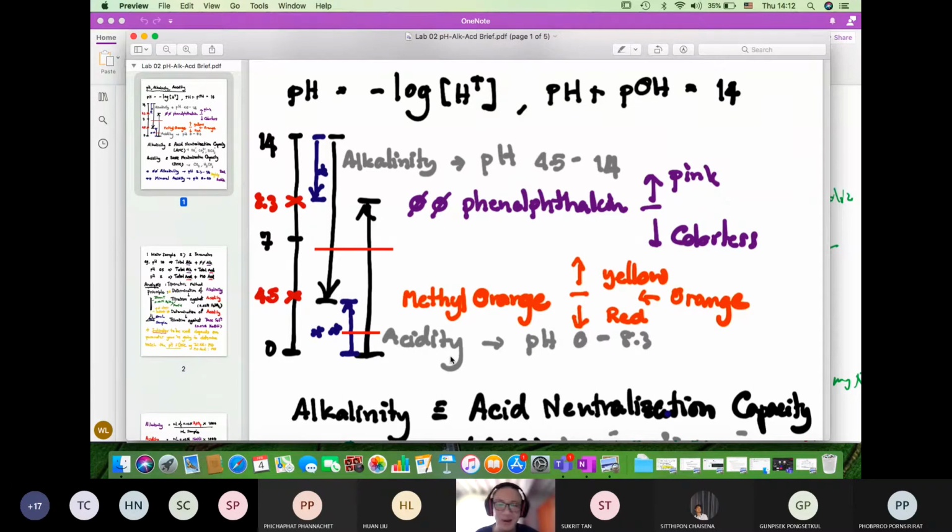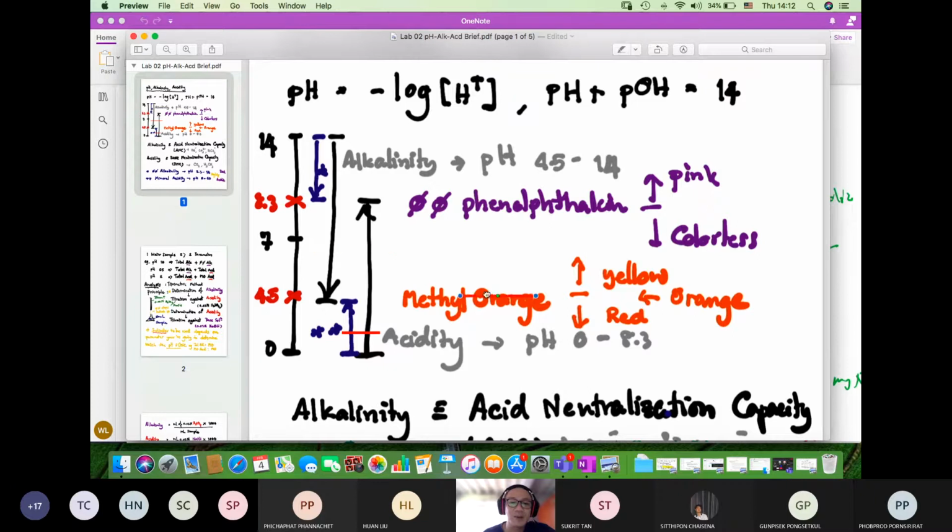One is the total alkalinity, and another one is the mineral acidities or methyl orange acidities. Here is the pH scale I just used to describe the alkalinity and acidity.